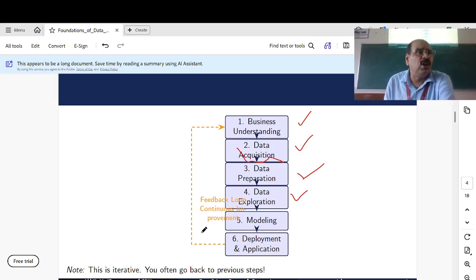So we have a loop, because if something does not work properly, you go back to the previous stage, check whether all these things are okay, and then keep repeating it. This is a basic flowchart of the data science process.